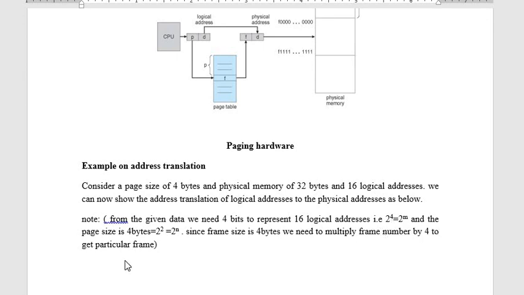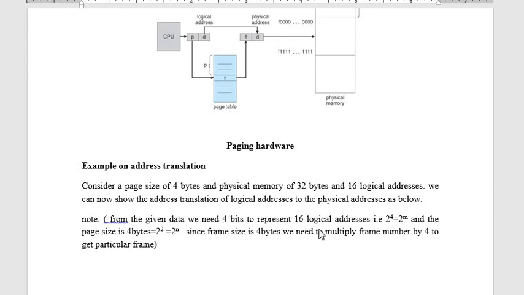Why are only 4 bits enough to have 16 logical addresses? Because in binary, 4 bits are enough to represent 16 logical addresses, right? That's why we need 4 bits.